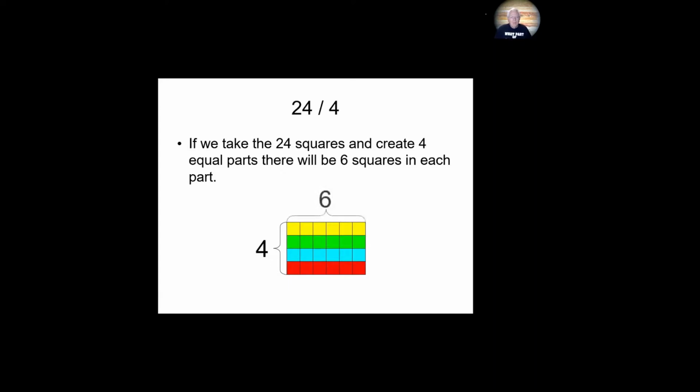And when we do that, we see that there are 6 squares in each of the 4 equal parts. So there's one part, the second part, the third part, the fourth part. And you will notice now how we can see each of those 4 equal parts.